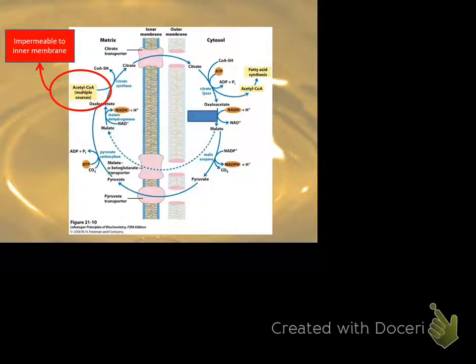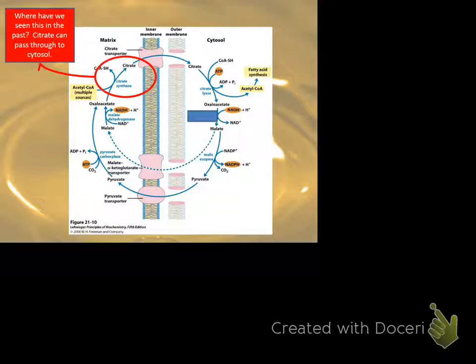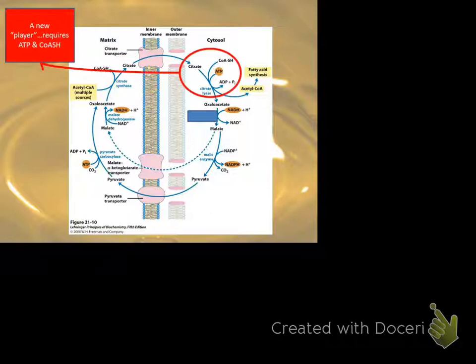Okay, so to start off, we can take acetyl-CoA, transform it to citrate using oxaloacetate with citrate synthase, which was the first step of what pathway? Citric acid cycle. And then the citrate has a transporter, so it can just go right on out. Now we have a new player, a new enzyme.